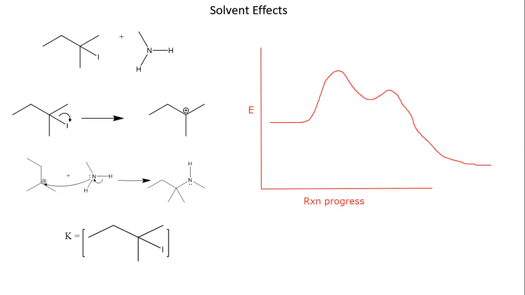Let's pick a solvent. Let's say in this one we used THF, which is an aprotic polar solvent. Again, here we form our intermediate. Now we'll do the same reaction, but instead of using THF, let's use methanol, which is a protic polar solvent.